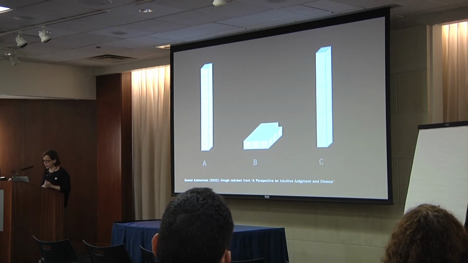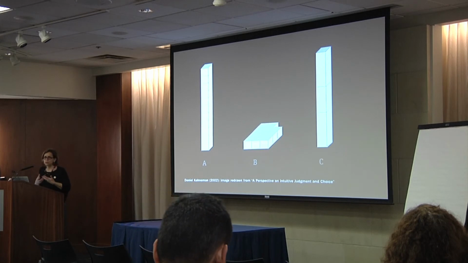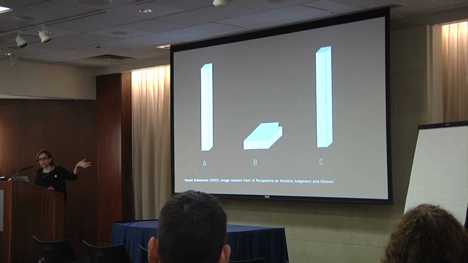And so basically what he's talking about here is that if I give you only drawing A, and I ask you what kind of information you can infer from this drawing?